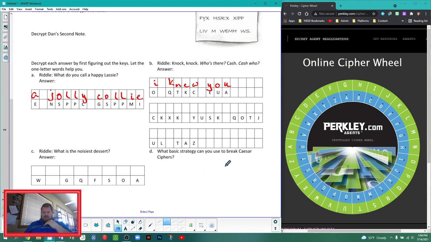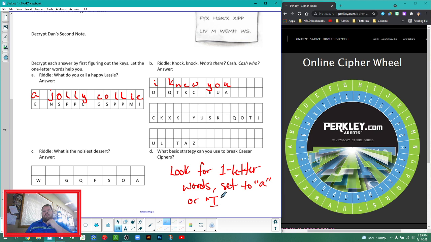So basic strategy for breaking Caesar ciphers is look for one-letter words and set them to A or I. I'm going to capitalize that to mean I, me personally.